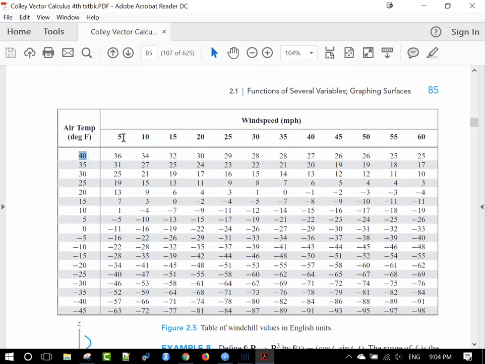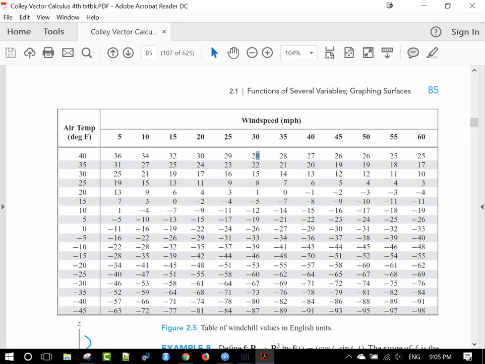So if it's 5 miles per hour wind, it'll feel like 36. If it's 30 miles per hour wind, it'll feel like 28. So this is not given necessarily by a formula, just this table describes the function.